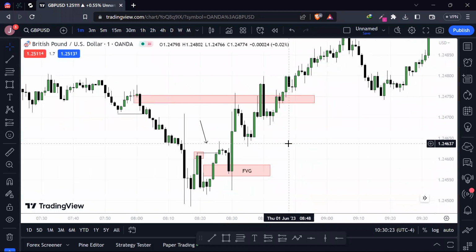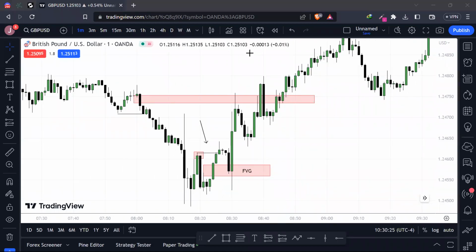So if you understand what a fair value gap is, type in the chat that you understood fair value gaps, or if I need to explain more. Did you guys understand the concept of fair value gaps?